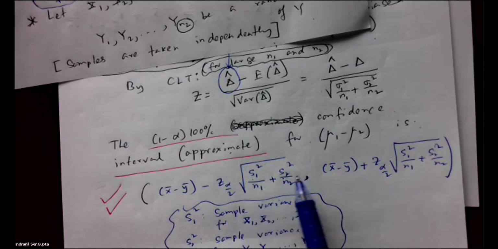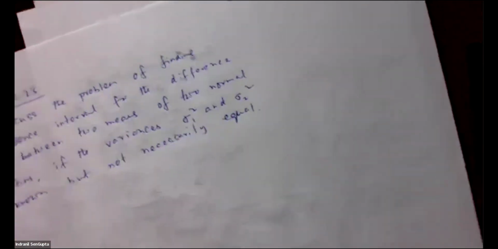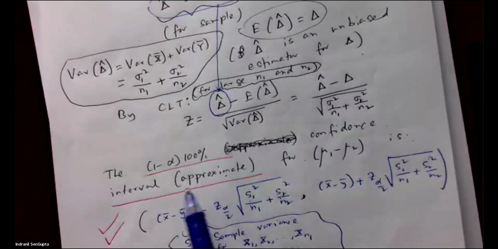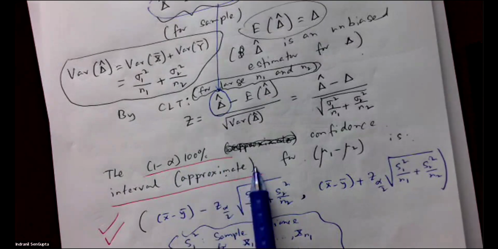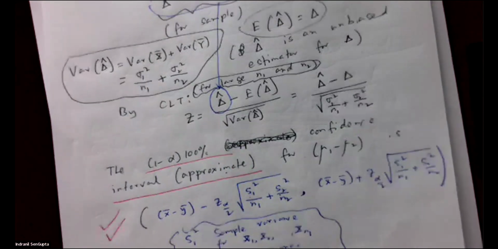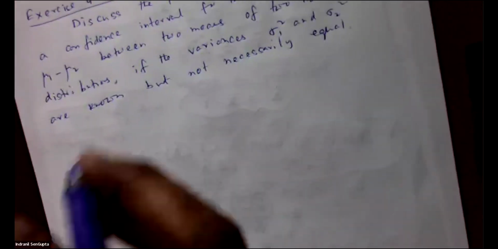But if they're known, you can simply use whatever value is given. Also in this case it will not be approximate. If the original distribution is normal, this will be an exact equality. Okay, so let's solve this one. Solution.